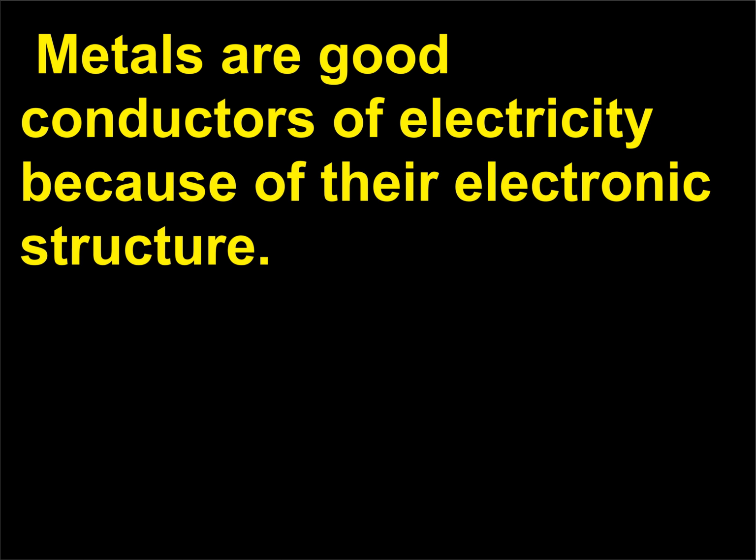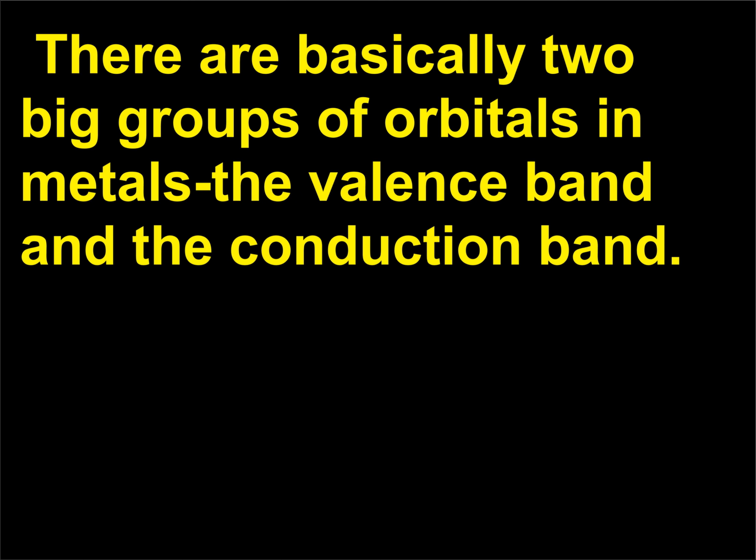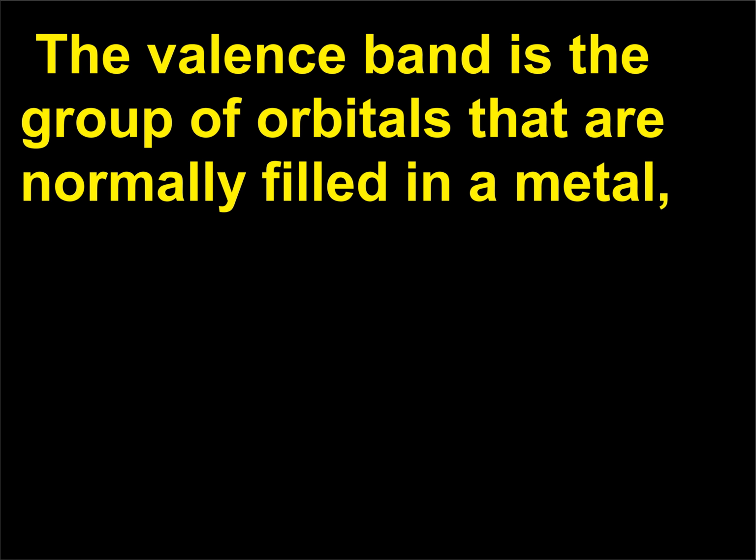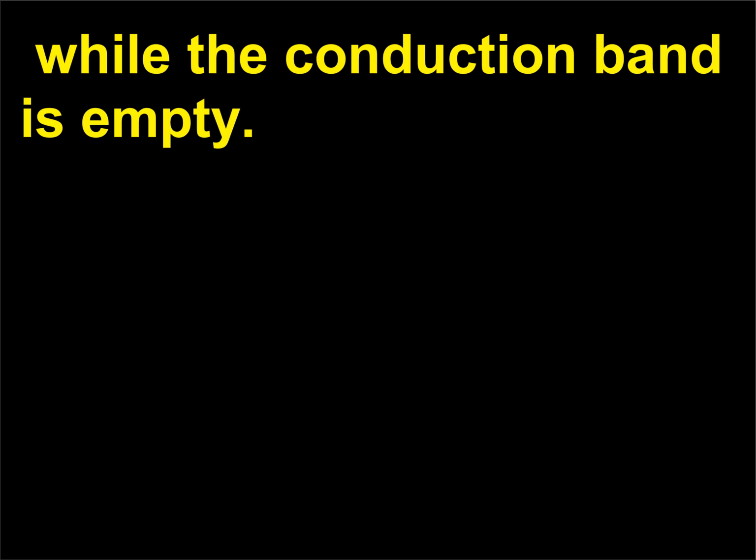Metals are good conductors of electricity because of their electronic structure. There are basically two big groups of orbitals in metals: the valence band and the conduction band. The valence band is the group of orbitals that are normally filled in a metal, while the conduction band is empty.